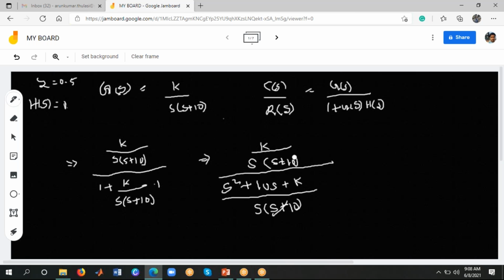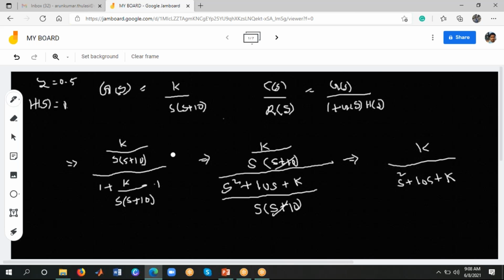So both will get cancelled. Then you'll get K divided by s square plus 10s plus K. So this is the closed loop transfer function of the given system.